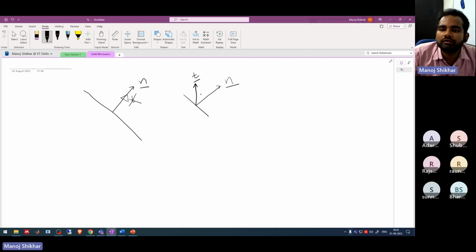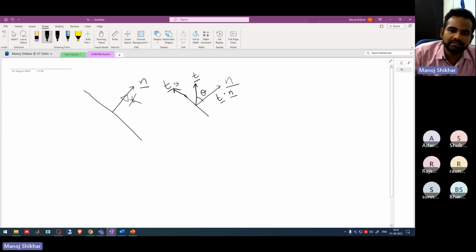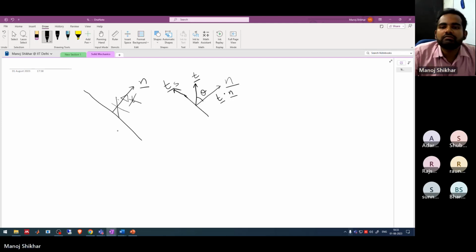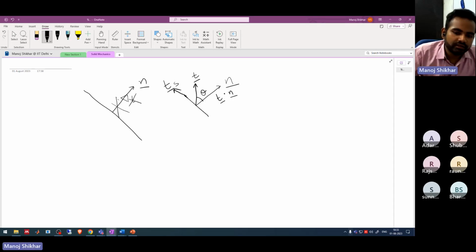So it will have one normal component, which will be Tn. To find the normal component, you will do T dot n, and this will be the other component. I am writing it as Ts, but you consider it as the in-plane component. Suppose we know the angle between them, we can find these values. This will not always act in this direction. This is a misconception many people have. I'm glad you asked it. So, any other doubt?